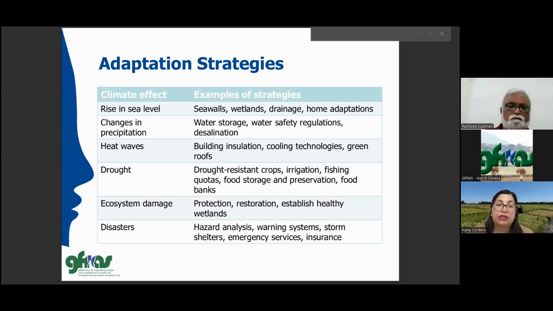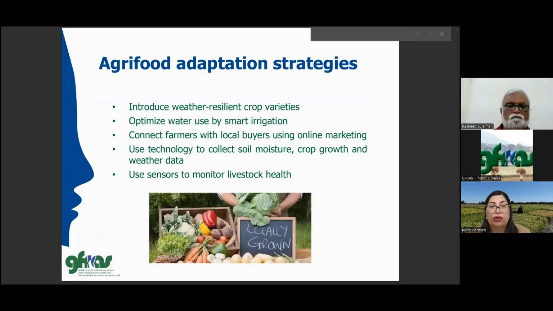We have also been experiencing heat waves that will be more frequent in the future, so we can use building insulation, cooling technologies, and green roofs. For ecosystem damage and disasters, there are several strategies we will cover in the different modules.